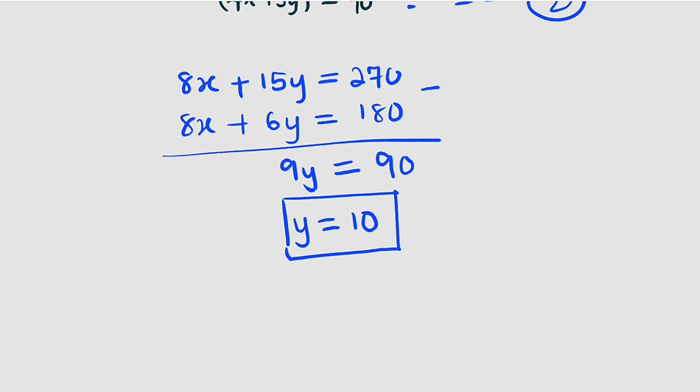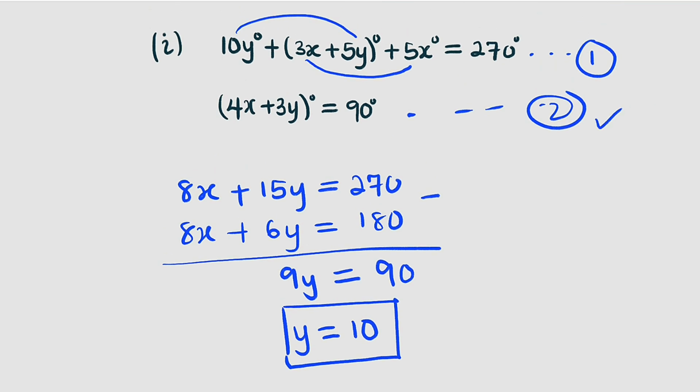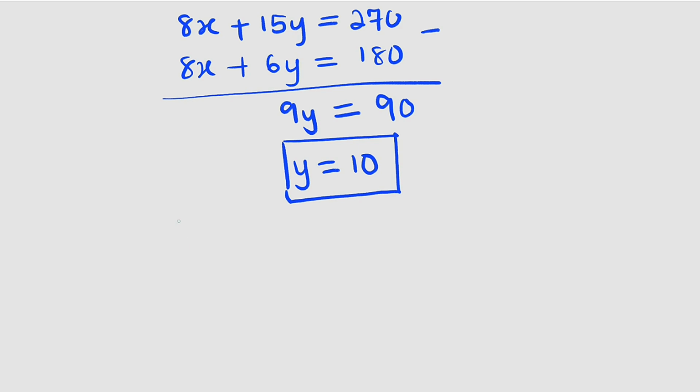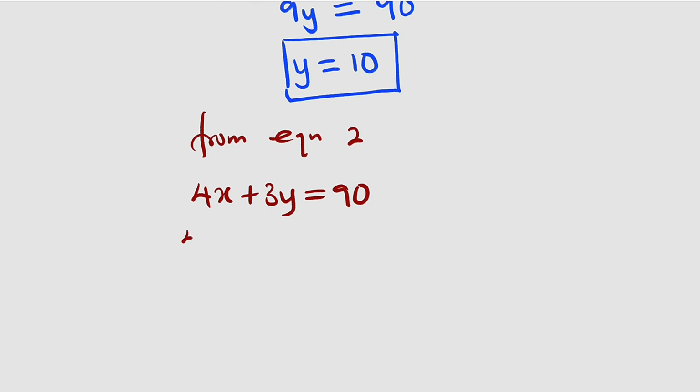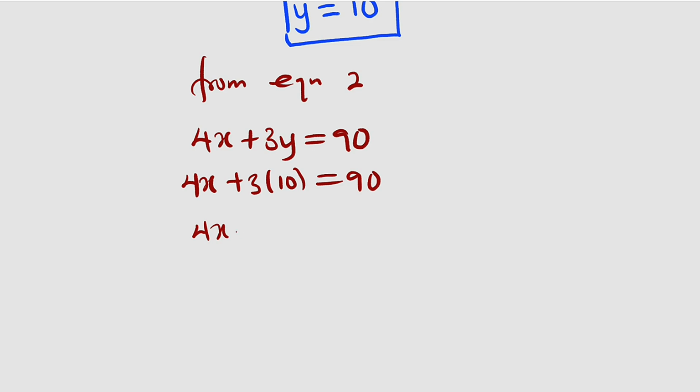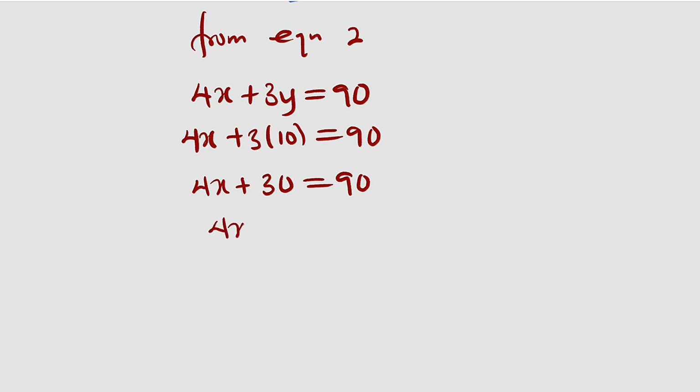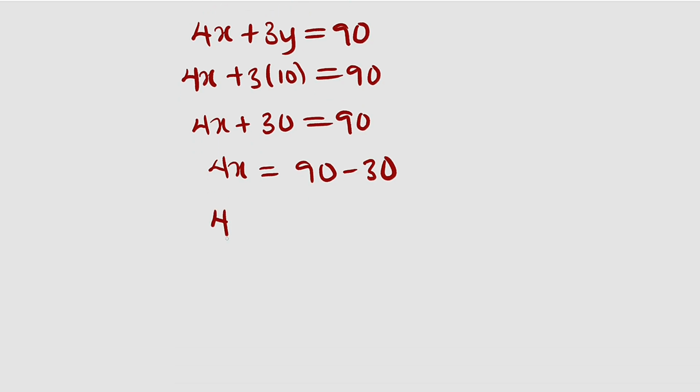We can substitute this value of y equal to 10 in equation 2. From equation 2, we have 4x plus 3y equal to 90. But y is 10, so we have 4x plus 3 multiplied by 10 equal to 90. 4x plus 30 equal to 90. 4x equal to 90 minus 30. 4x equal to 60.